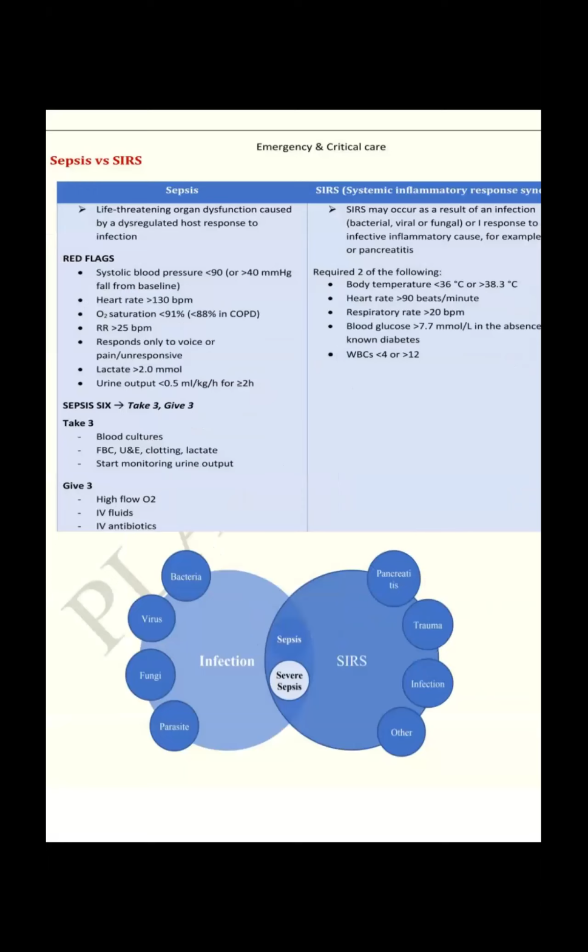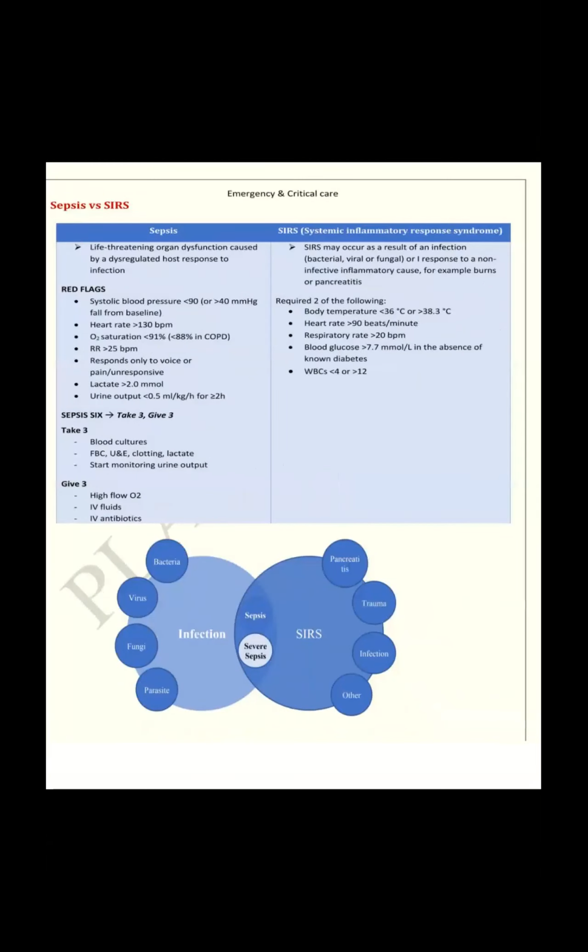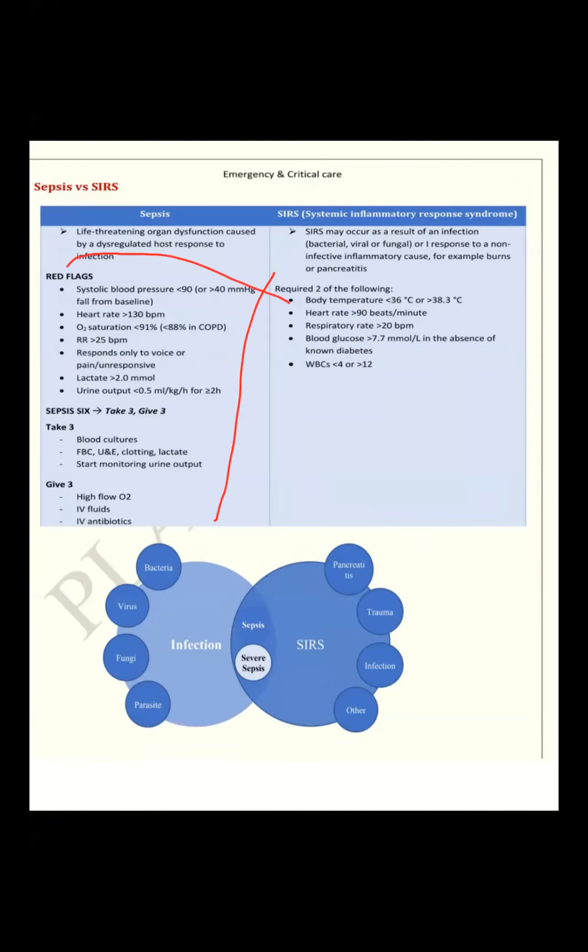This chart I gave initially when my course started regarding sepsis. Even I faced two questions on it. My dear candidates whose exam is very near, strongly remember sepsis and septicemia. The red flags are a respiratory rate or heart rate more than 30, or urine output.